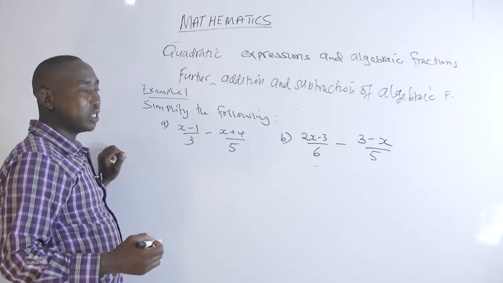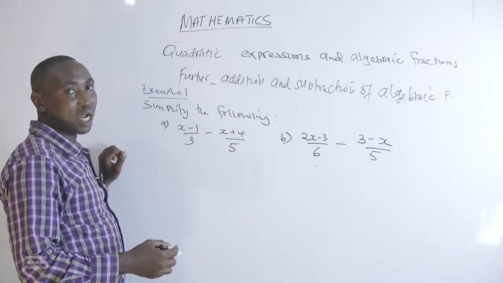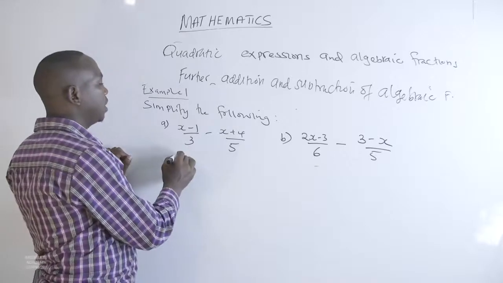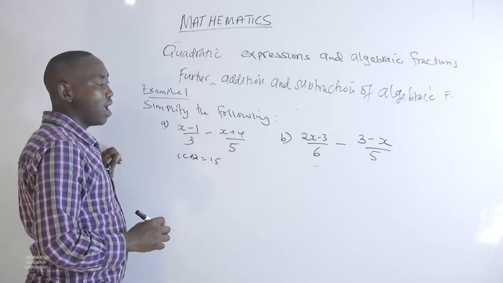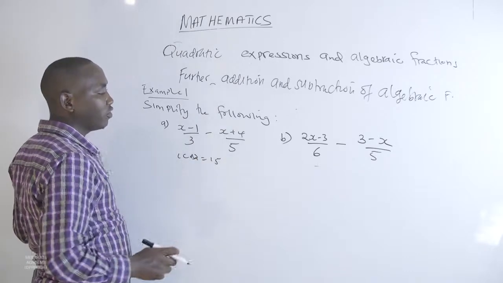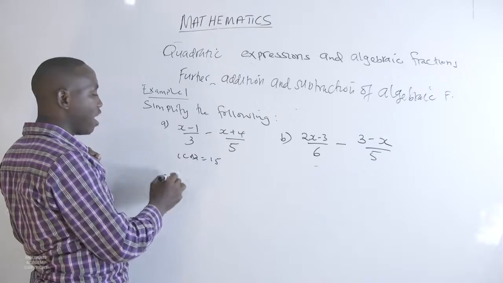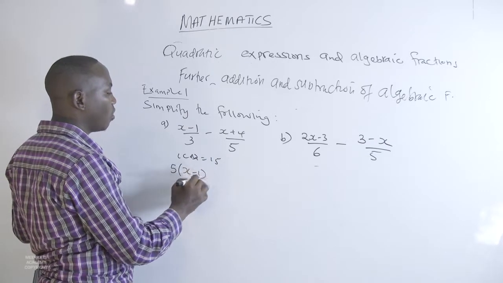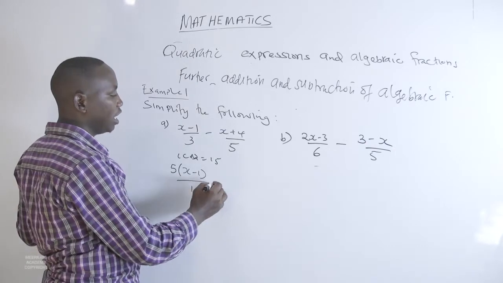The LCD, or least common denominator, of 3 and 5 is the product of these two numbers, 3 multiplied by 5, which is 15. And 3 goes into 15 5 times, so we must multiply the numerator by 5, and this will be 5 into (x minus 1) all over the new denominator, which is 15.